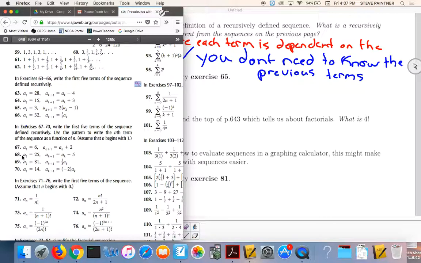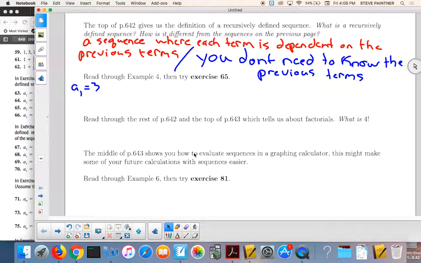And again, in plain English, that means the k plus 1 term is equal to the one before it minus 4. So every term is just the term before it minus 4. Let's see what that's like in practice.